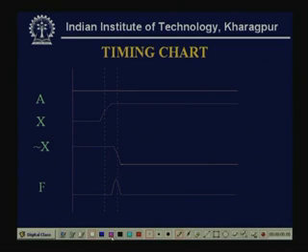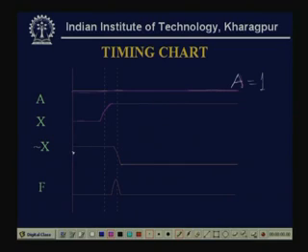see, first again I am taking that my A is high, this is my A equal to 1. Now, say this X, initially X is 0 and now it is being 1. So, it is switching X equal to 0 to 1.